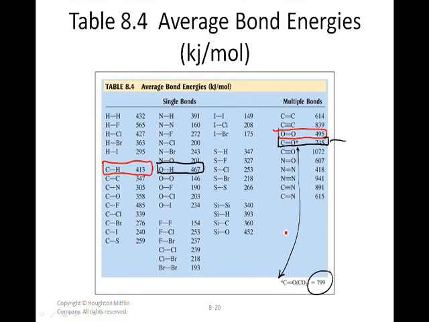Also want to remind you that we used a table like this with bond energies to calculate the enthalpy of a reaction just by adding the energy of the bonds that were broken and the energy of the bonds that were formed and finding the difference in those. And remember, this is the energy it takes to break a bond, and so sometimes people abbreviate that with a D, maybe a D H-H, and that D stands for dissociation energy.